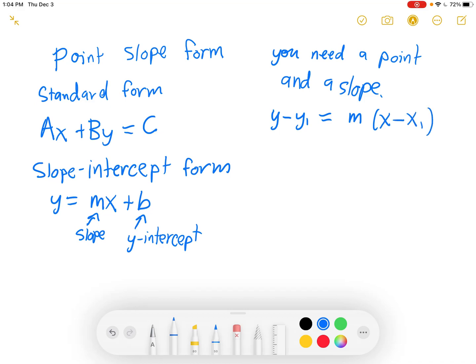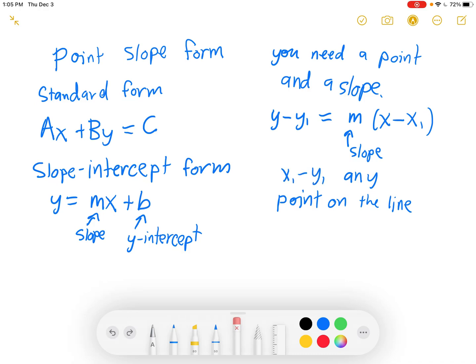Notice the parentheses, where m is the slope and (x1, y1) is any point on the line. Instead of x1, y1, let's rewrite that as an ordered pair. That'll make a little bit more sense, I think.